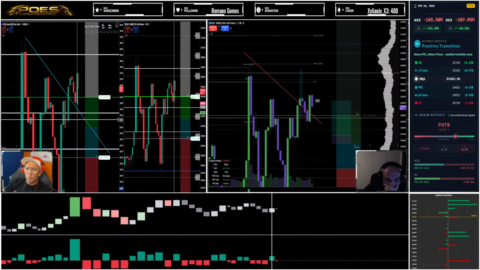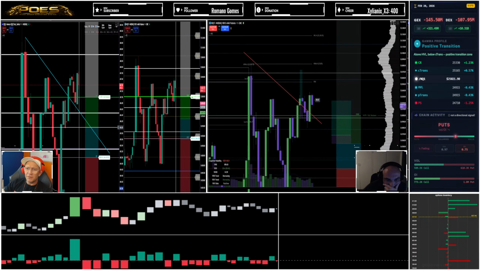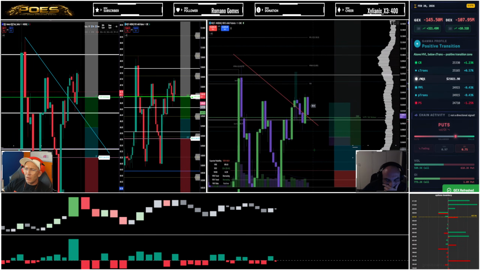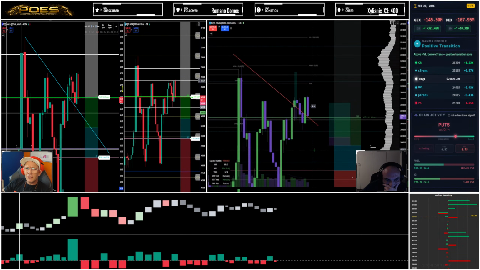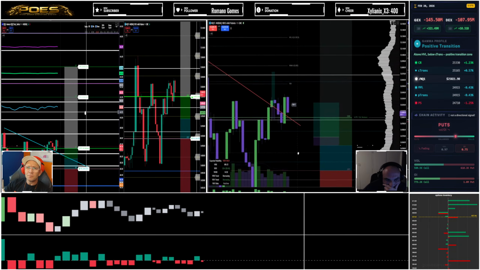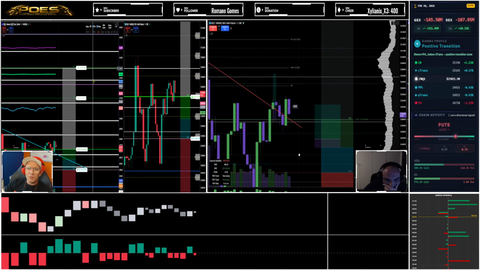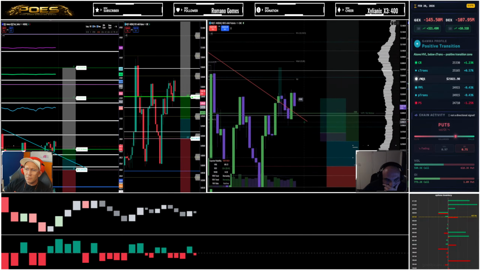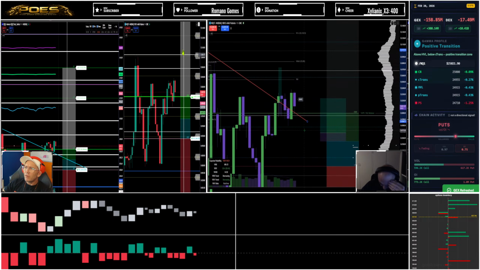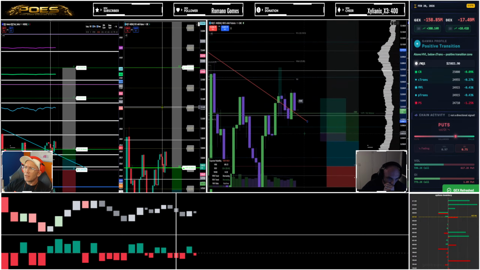We've got the call transition at 25,165 and the chart itself is showing that we are in extended territory. So 25,120, here is our transition zone.